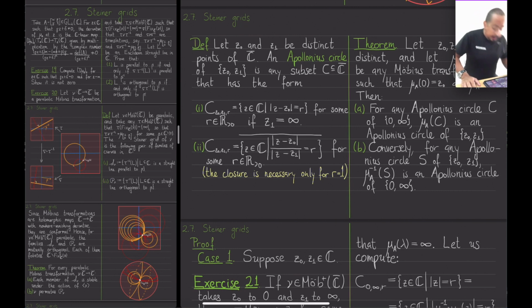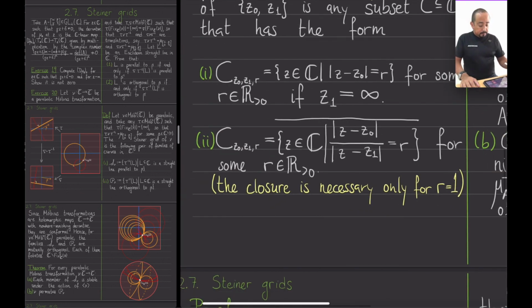Okay. And in the case where both are finite, we take the Apollonius circle of the pair for the positive real number R to be the topological closure of the set of all z whose ratio of Euclidean distances to the two points is constant and given by that real number, right?